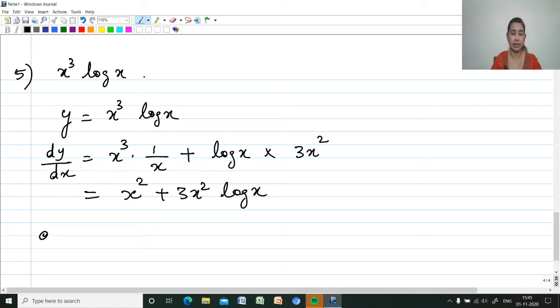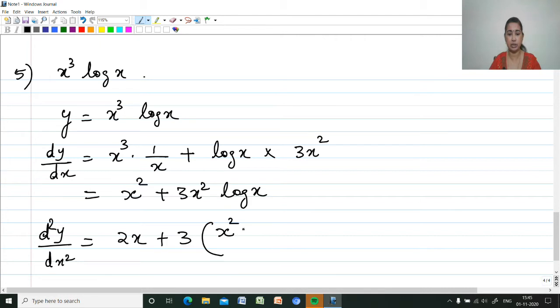Again finding the second derivative, d square y by dx square can be written as derivative of x square is 2x and derivative of x square log x, 3 is taken out because it is a constant. Remaining we have to differentiate x square log x using product rule again.